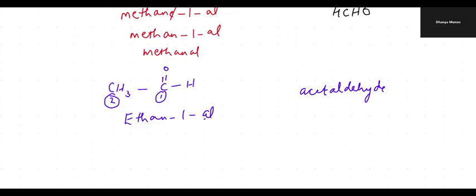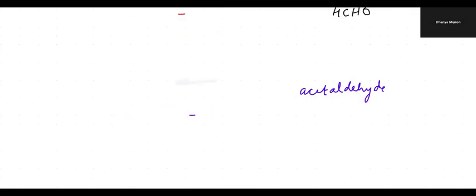Okay. Now, coming to some bond line structures. So this is carbon, this is O, okay, and definitely there will be an H here. So here CH3, here there will be a carbon, here there will be a carbon.